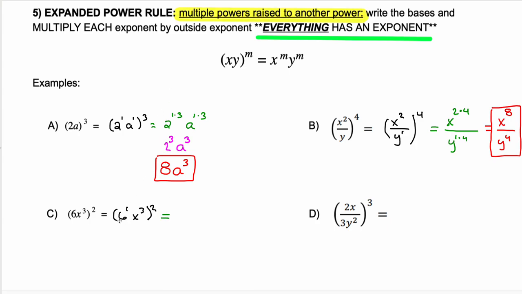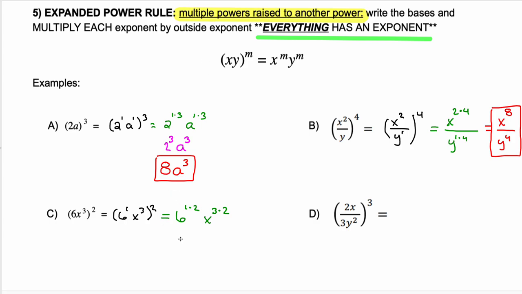Now doing the power rule, I take the base of 6, I rewrite it, with the exponent of 1 that was already with it times that exponent on the outside of 2. Then we take the next base of x and its exponent of 3, and multiply that by the 2 that's on the outside.